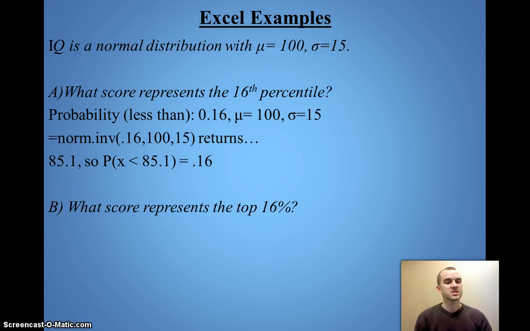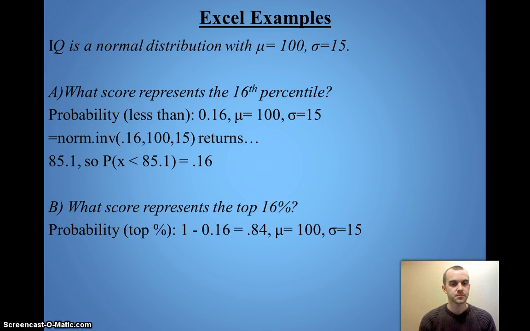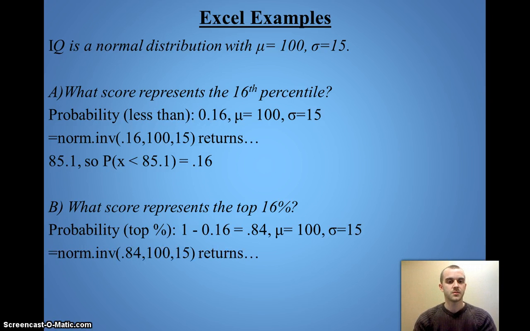Now say we want to look at what's the top 16%. So you've got to think about this in this regard. The INV formula finds everything to the left. If we want to look to the right, we're looking at the complement of the percent. So wherever we talk about percent, we need to find its complement. So in this case, that's inside the formula.